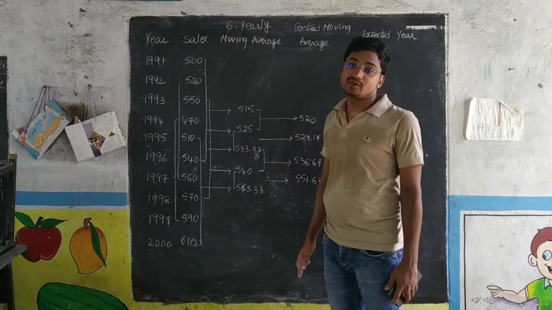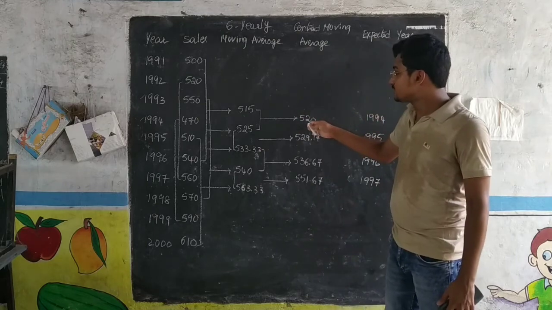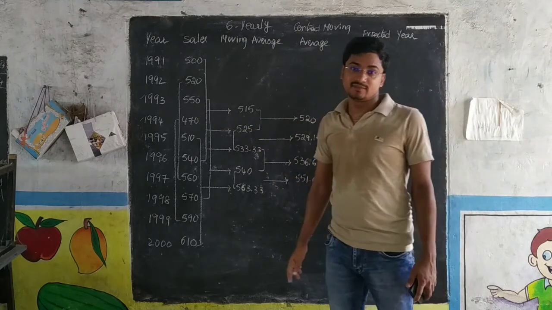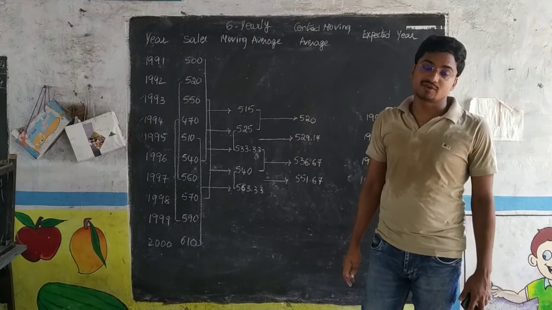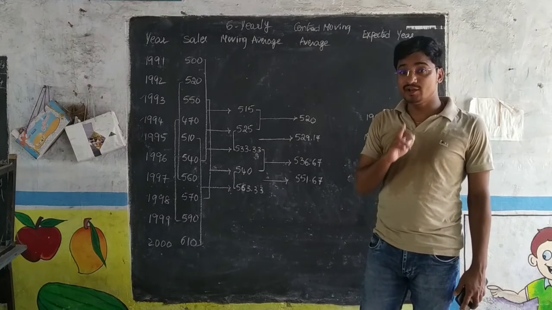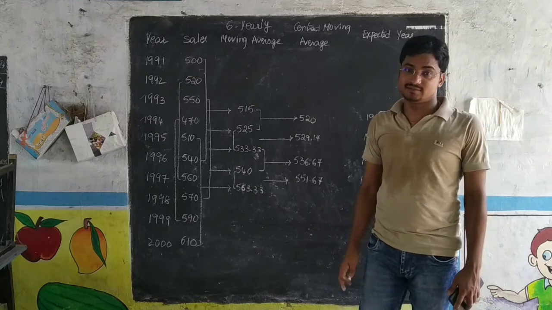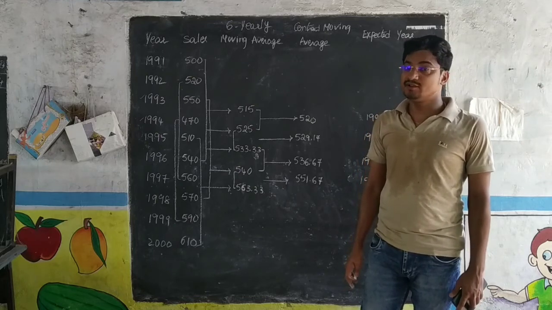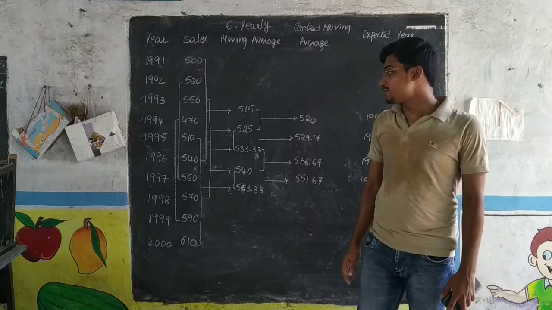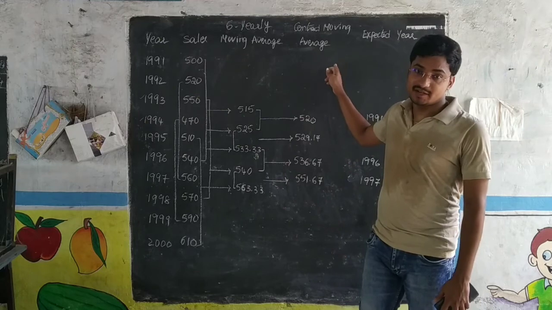In that case, we have to find an extra column, that is the centered moving average. Trend values always coincide with years. This is the extra column in even yearly moving average.